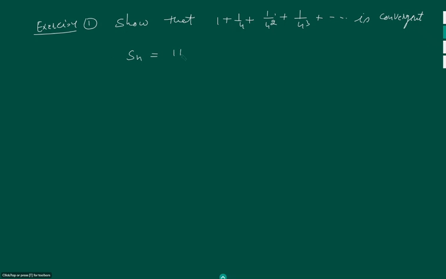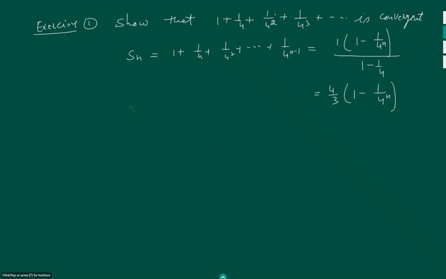Now Sn would be equal to the sum of the first n terms of this series, and this is equal to the first term into 1 minus the common ratio raised to the power n divided by 1 minus 1 by 4, which is equal to 4 by 3 into 1 minus 1 over 4 raised to the power n.